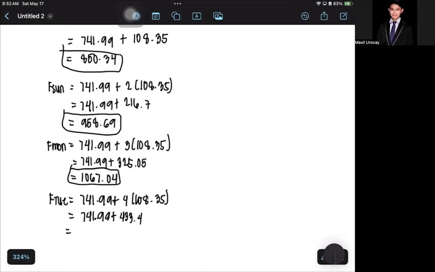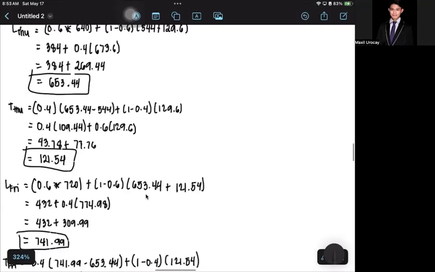So calculating that with 741.99, it will equate to 1,175.39. So this is the forecasted data.